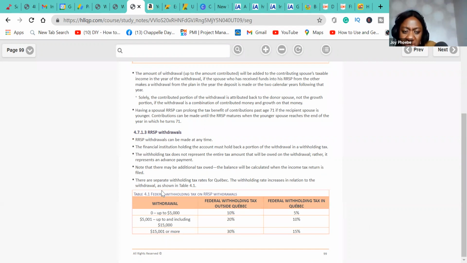Rather, it represents an advance payment. So if you withdraw up to $5,000, withholding tax outside Quebec is 10%. Quebec is 5%. From 5,000 to 15,000, outside Quebec is 20%. Quebec is 10%. From 15,000 and more, 30%, and Quebec is 15%.